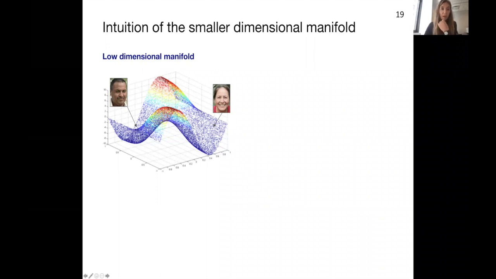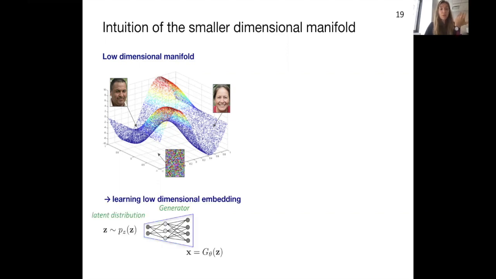And so here you would have different faces traveling in this manifold, whereas if you would go off the manifold, what you would see is just random noise. And now thanks to the architecture of the generative model that has a small latent distribution, this is exactly what is being learned in a way, this low dimensional embedding of the class of images we are interested in.